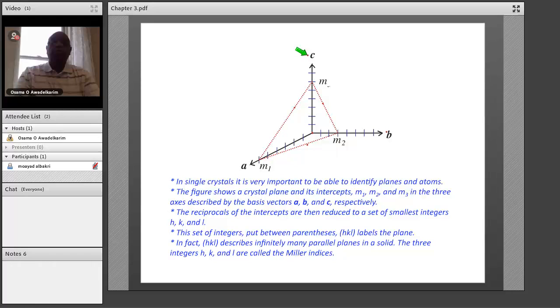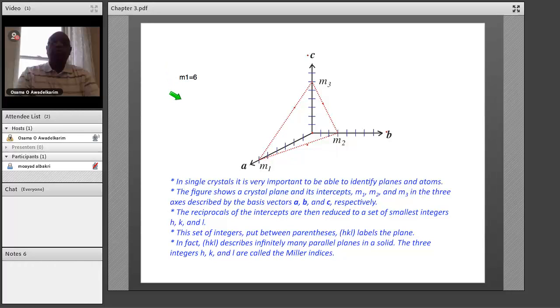So what we look at are the intersections of this plane with these three basis vectors. As we can see, the intersection here is M1 equals 6 points.